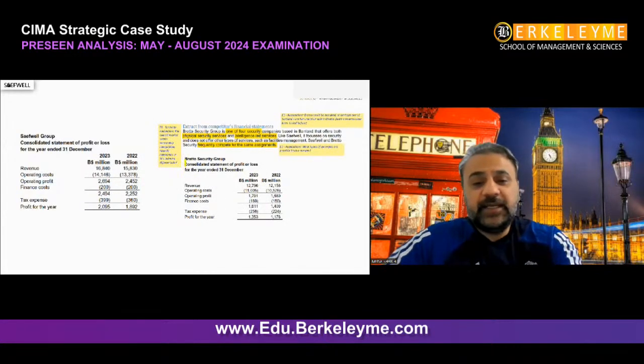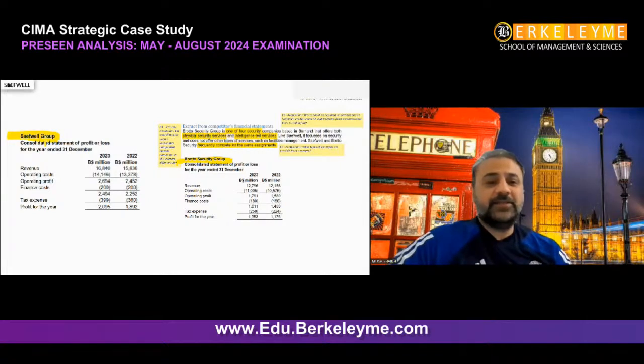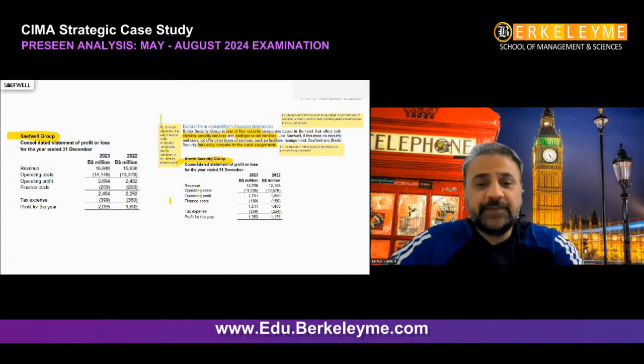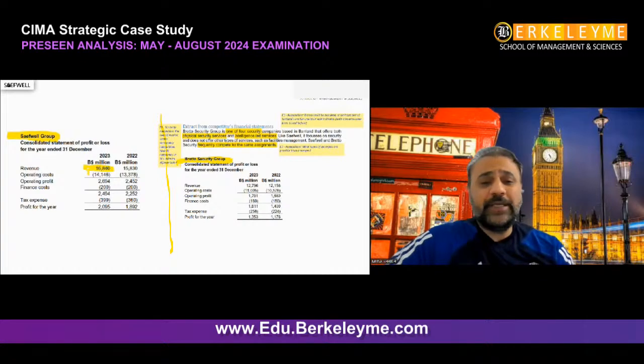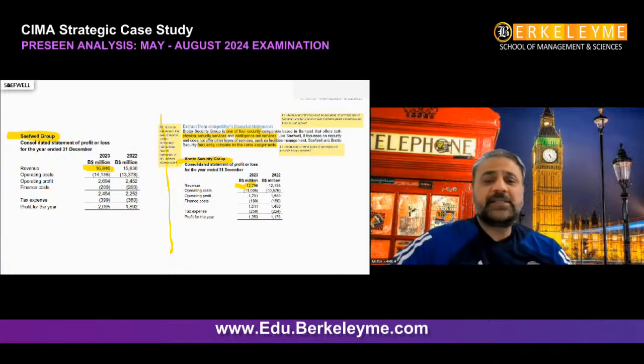Now you can see here is the competitor and here is you, and this is a financial statement called the consolidated statement of profit or loss for the year ended 31st of December. In so many ways you can see very easily that the revenue is 16.84, while the competitor is a bit smaller than you, 12.4.